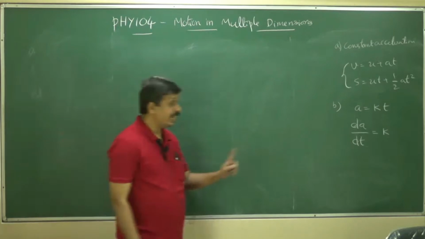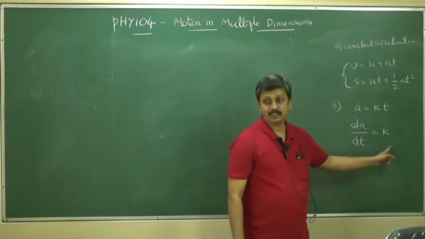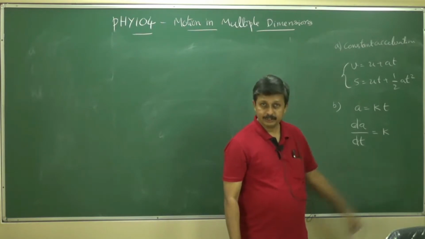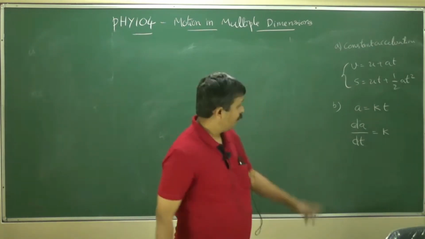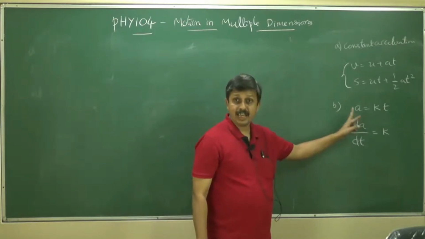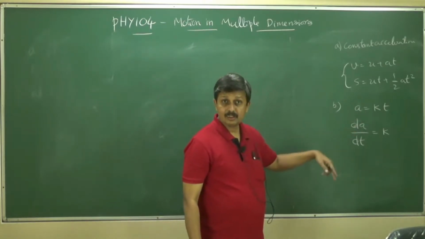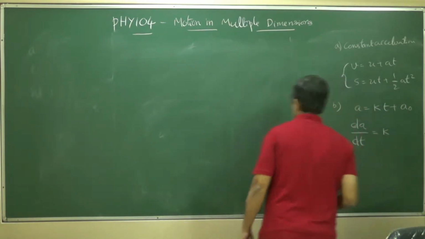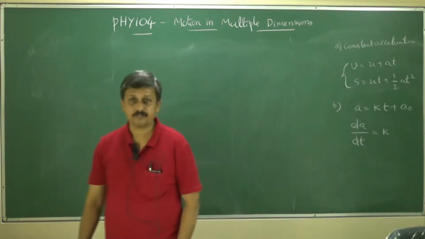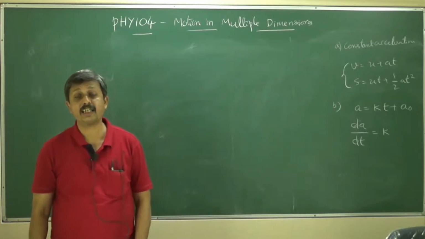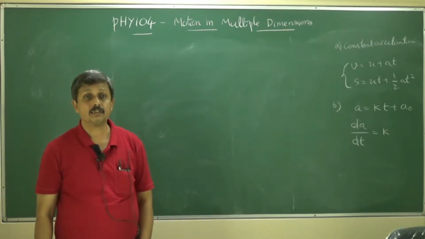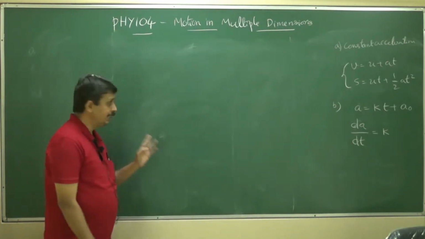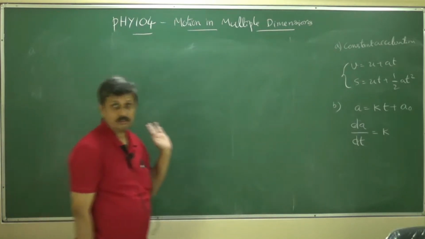In the second part I am saying the derivative of the acceleration is constant. So the acceleration can be taken as a is equal to kt plus a naught. Why do we have to take kt plus a naught? Because I told you that initial acceleration is a naught.